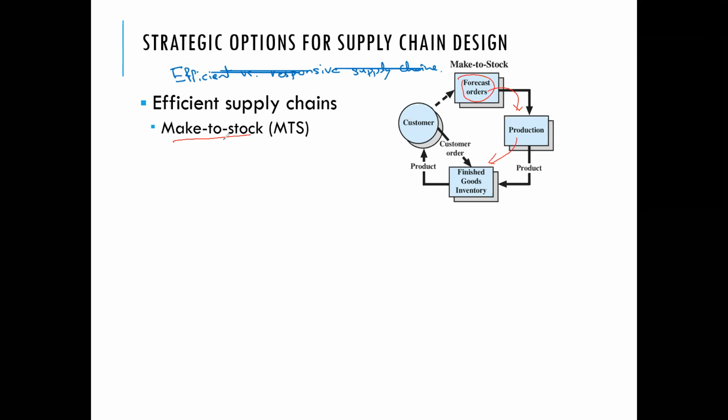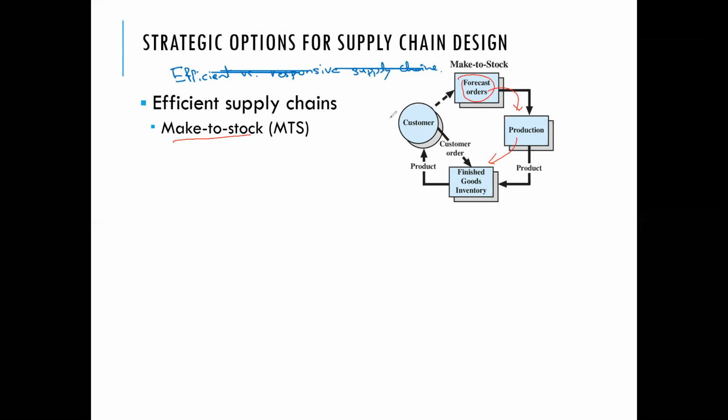For example, our clothes, shoes, electronics, most of the things that we generally buy are make to stock products, because the producers have already made those products, they have maintained inventory of those products, and then when we as a customer want those products, we are handed those products from the inventory, right?